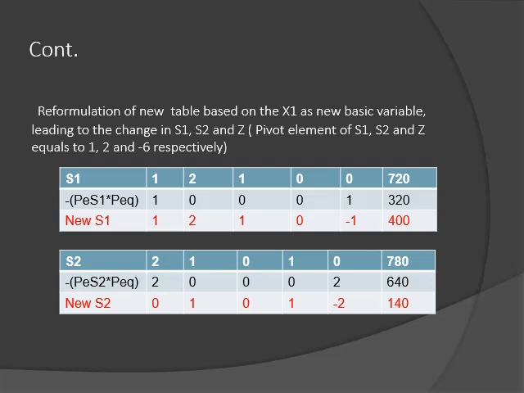By subtracting these values from the original values of S1, we will get the new S1: 1, 2, 1, 0, negative 1, 400. This is the values of S1 in the next table.